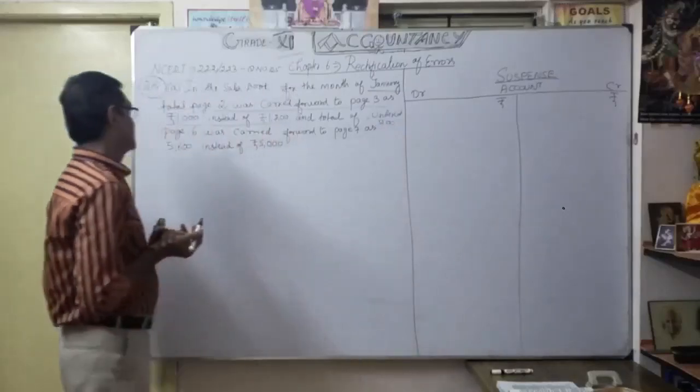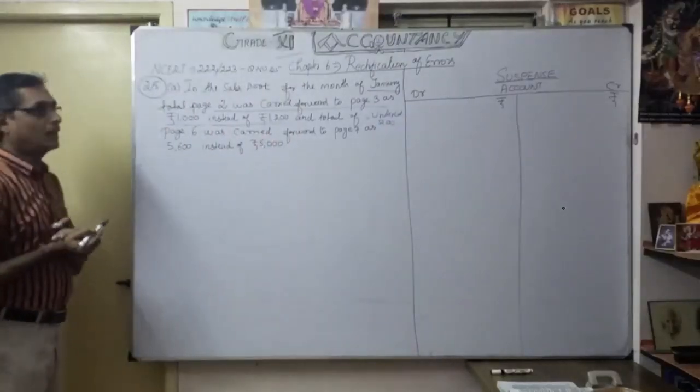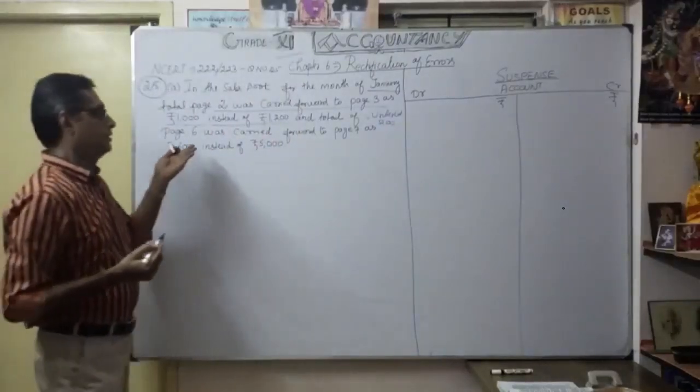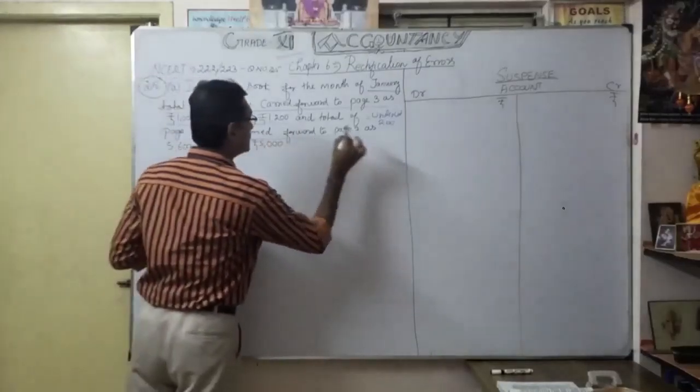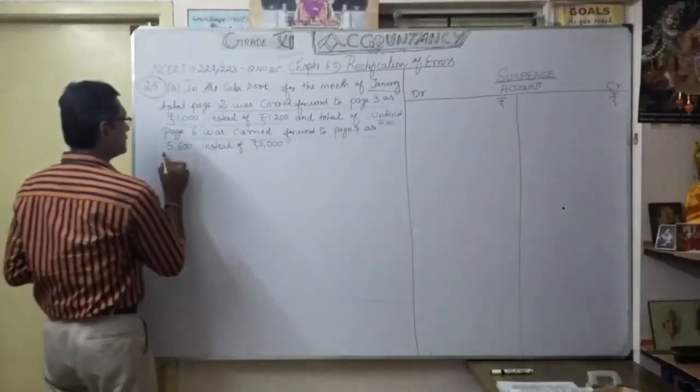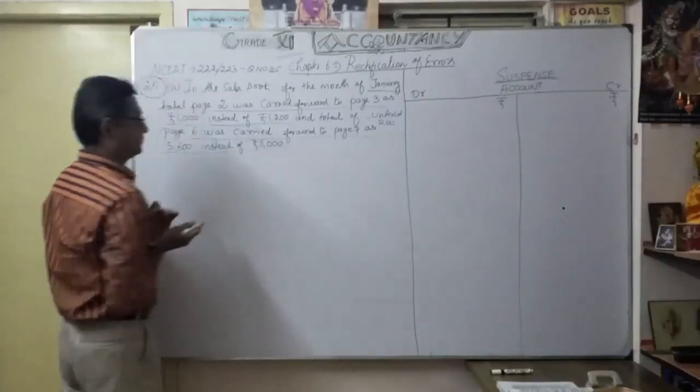Then page number 6 of the sales book was carried forward to page number 7 as 5600 instead of 5000. Sorry, I confused you.